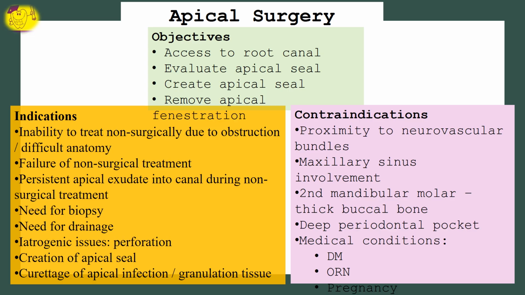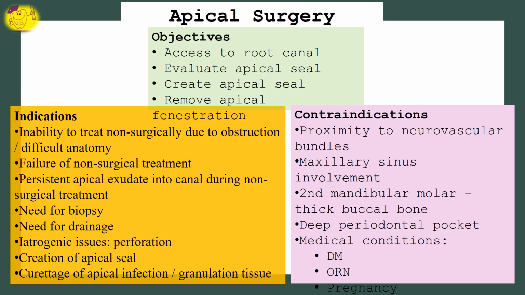So let's see the indications: inability to treat non-surgically because of difficult anatomy, failure of non-surgical root canal treatment, persistent apical exudate into the canal during the non-surgical treatment, when there is a need for biopsy, for example, a periapical cyst, need for drainage, iatrogenic causes such as root canal perforation, creation of apical seal, and finally curettage of apical infection or granulation tissue.